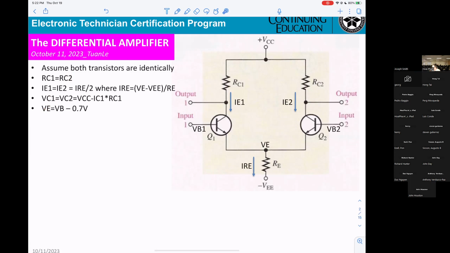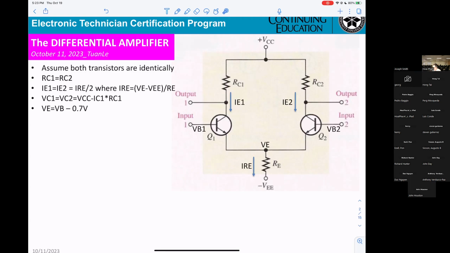IE1 equals IE2, and that will equal IRE divided by 2. Okay? VC1 equals VC2, and that will equal VCC minus IC1 times RC1. Okay? That's how we calculate the VC1.